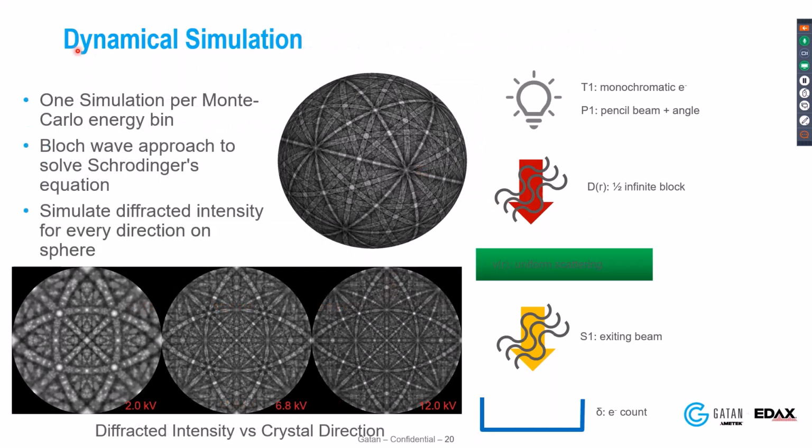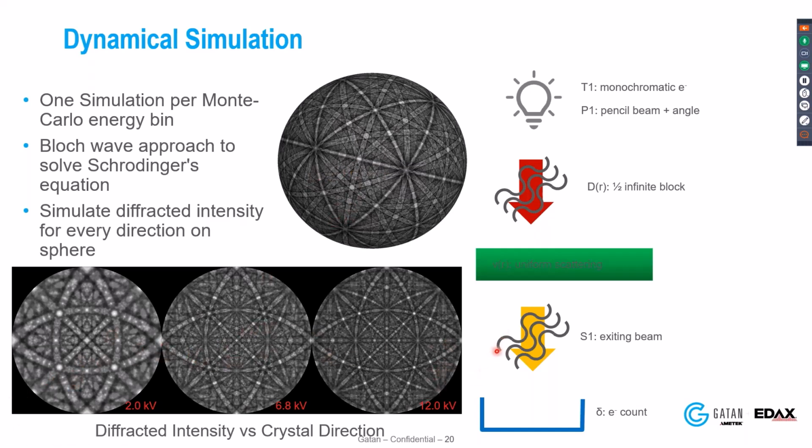Then we can combine this with the diffraction simulation, where there's a Bloch wave approach used to solve Schrodinger's equation. Basically we can go through every direction on the sphere, calculate the diffracted intensity, and create what's called this master pattern. So this is a sphere. We can see what the intensity is, and we can do this for different energies as well.